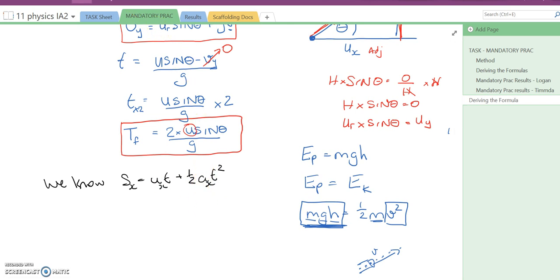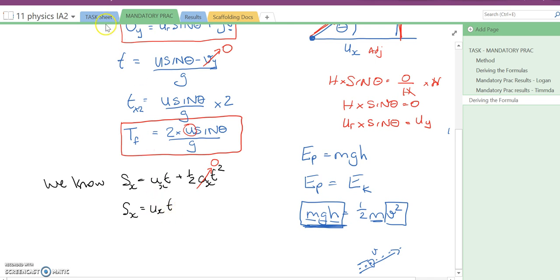But we also know something interesting here as well, that a in the x direction is 0. There is no acceleration in the x direction, provided it's a frictionless trajectory. So we can then rearrange or rewrite that formula as Sx is equal to ux times t.